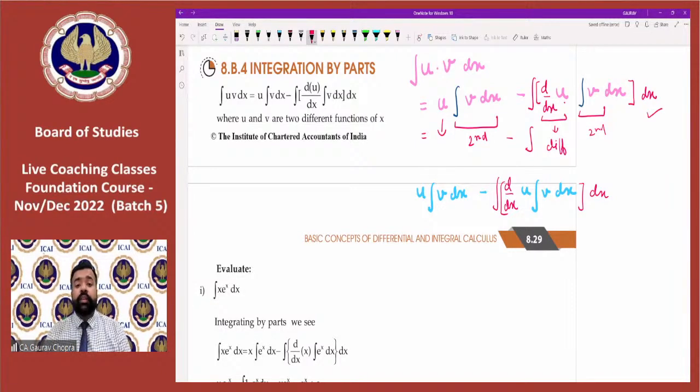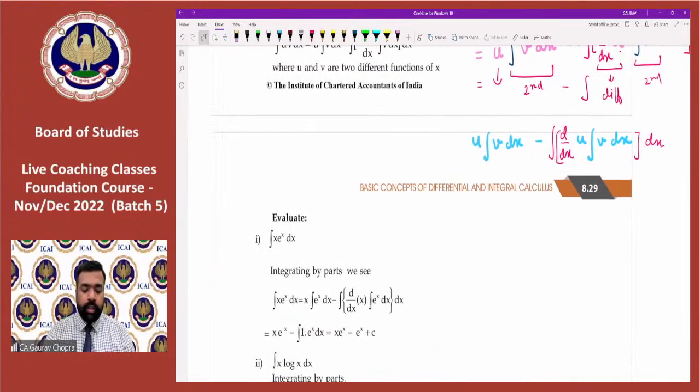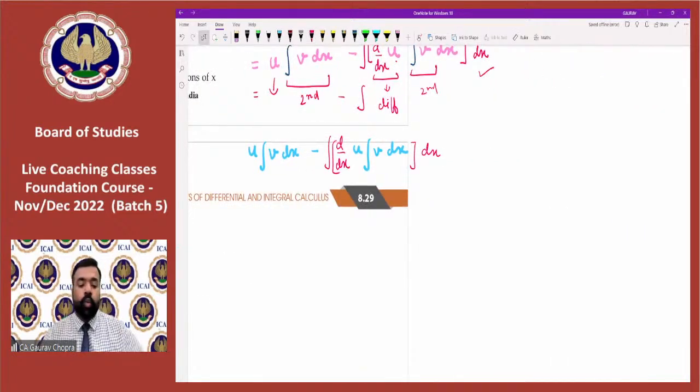Now, what should be the first function? What to assume as the first function? Whenever there is some question, like let's say there is one question, find integration of x and e to the power of x. Then which function should be taken as first and which should be taken as second? For this, you can remember a word that is LIATE. You can remember this word LATE.